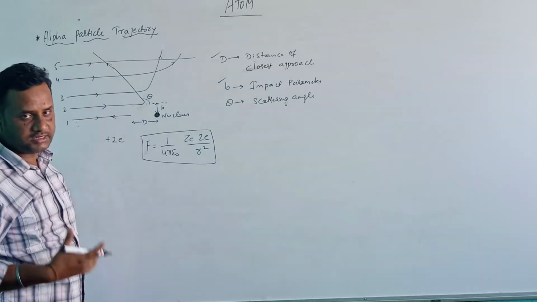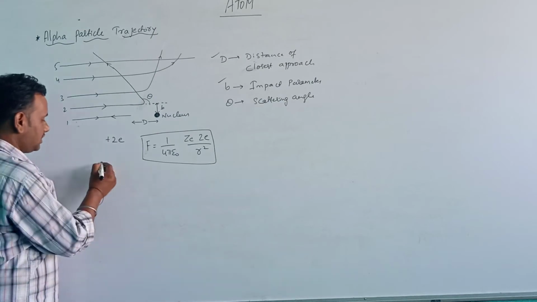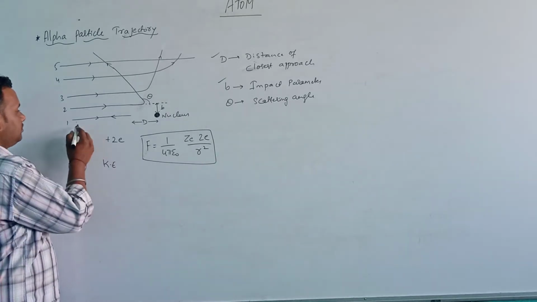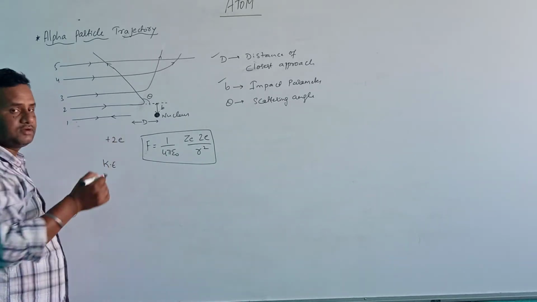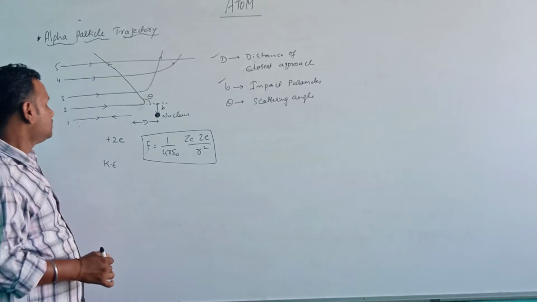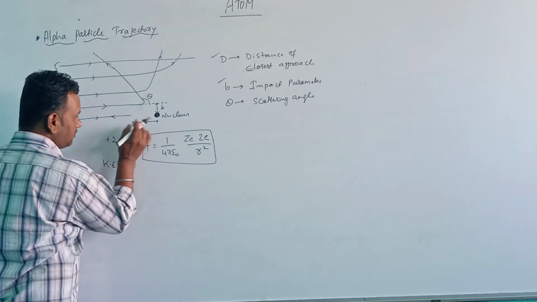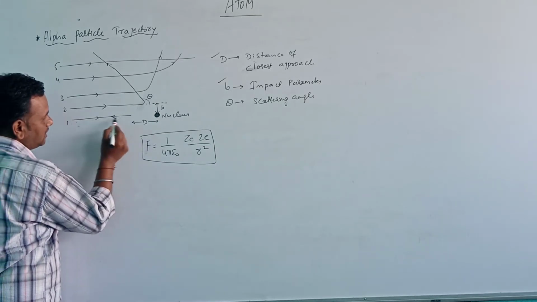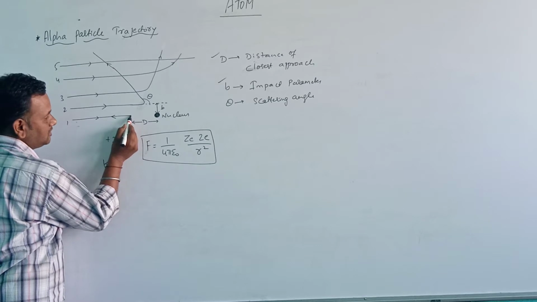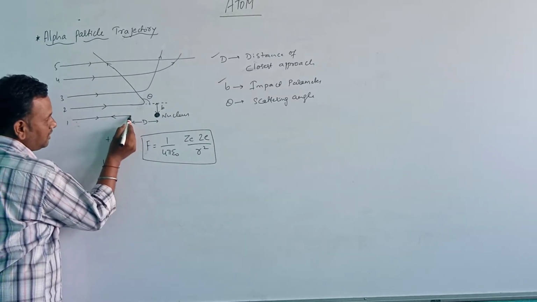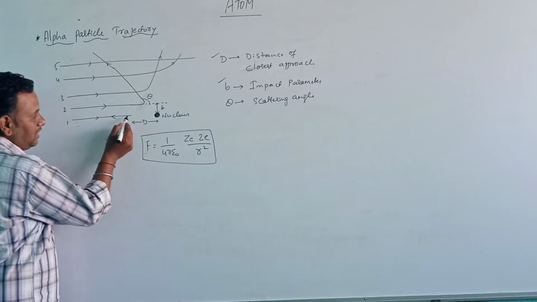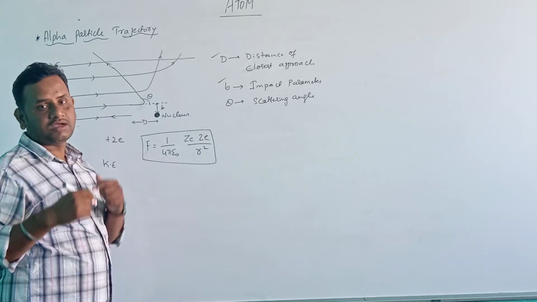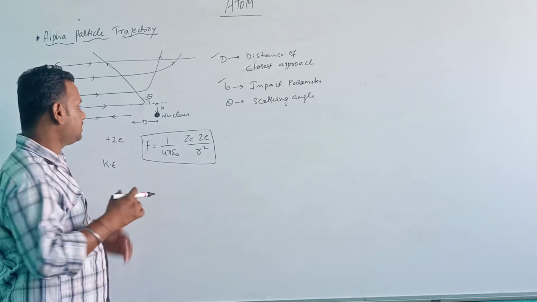Initially it has a kinetic energy, that is E, where E represents the kinetic energy here. So when it is traveling along the straight line, it has some initial kinetic energy. It is found that after traveling this much distance from here to here, at this distance, the kinetic energy of the alpha particle becomes zero.